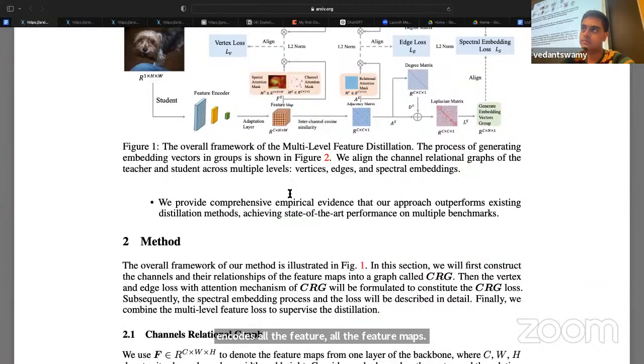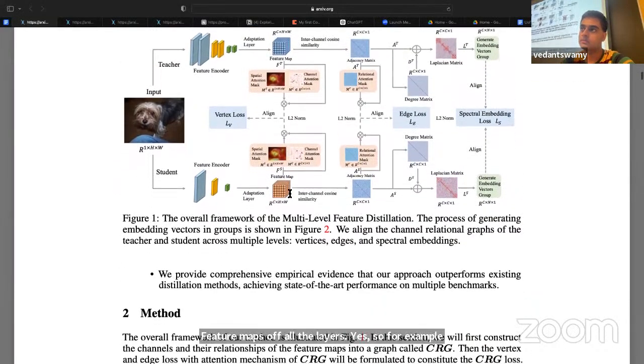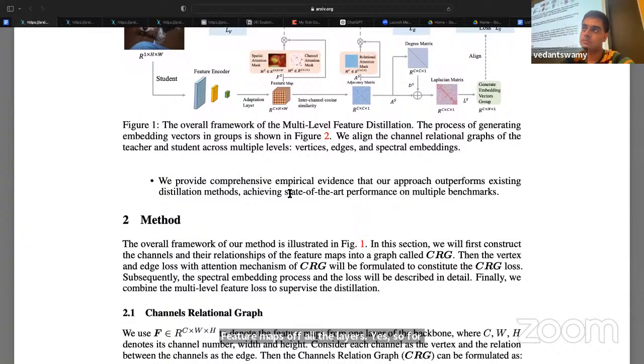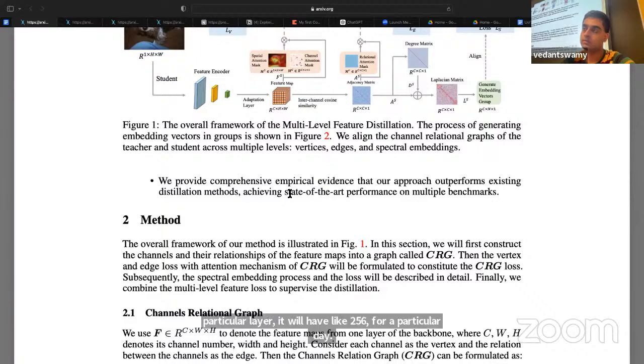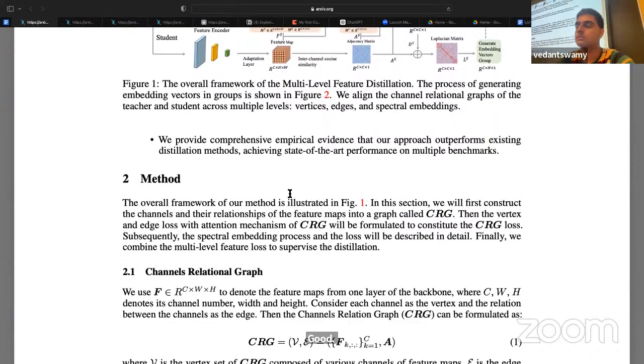For example, if you take a ResNet, a particular layer will have like 256, 512 feature maps, right? So you are saying all of them are concatenated, and that's going to be the input to the graph.